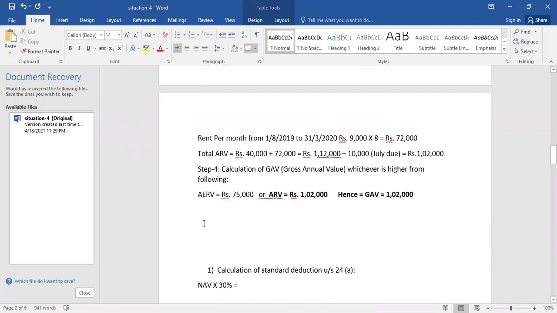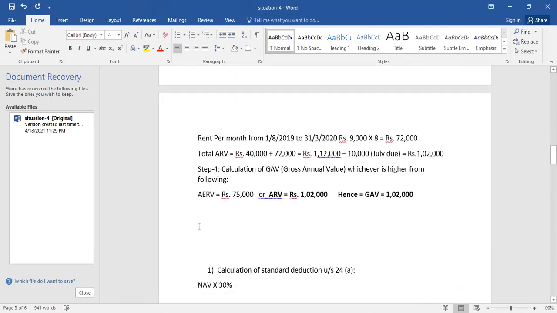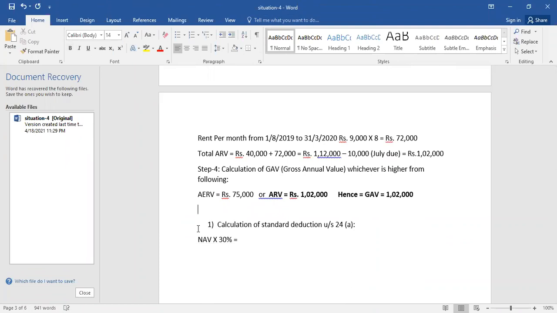Okay. Now we have to calculate the working notes. Sorry, the GAV. We have to calculate the standard deduction. Working notes to calculation of standard deduction under section 24. So NAV into 30%. NAV, how much we got now?